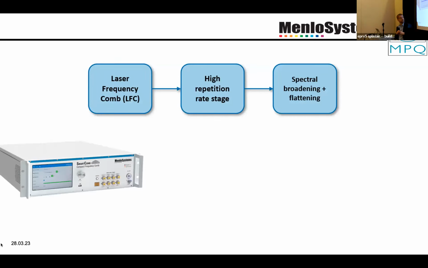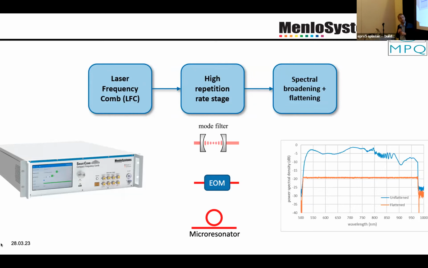At the moment, we can take our smart comb. It's a 3HU unit, and this one's based on erbium. It's a fully locked frequency comb, and we can pump either a cavity, an EOM, or a microresonator. Then we can use the back end of our amplifiers and our flattening units to amplify and flatten.